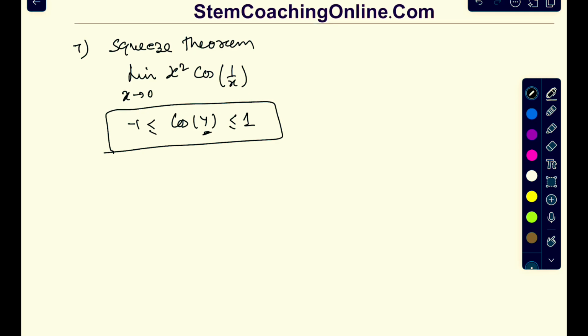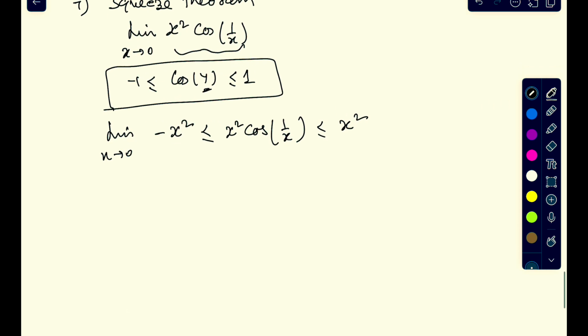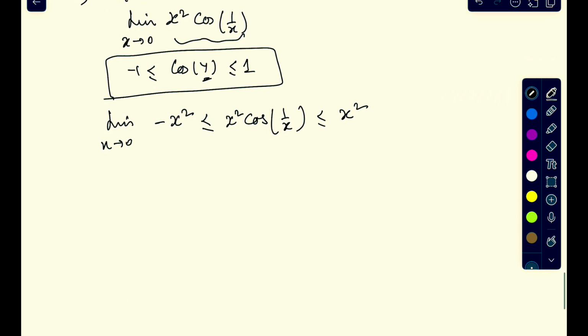We can say this expression can be rewritten using negative 1 as the value of the cosine. So it will be negative x square is less than or equal to x square cosine of 1 over x, which is less than or equal to x square, and the limit is x approaching 0, right?